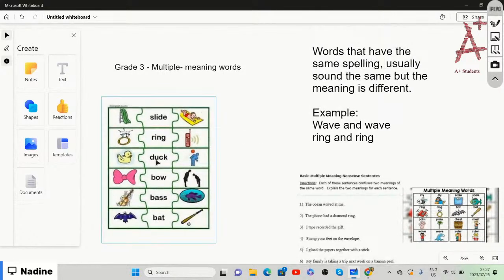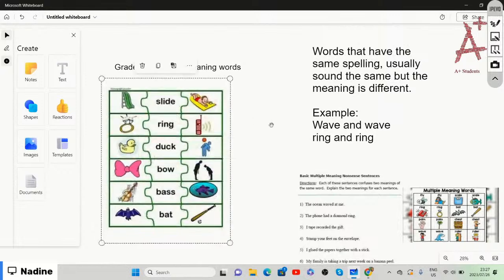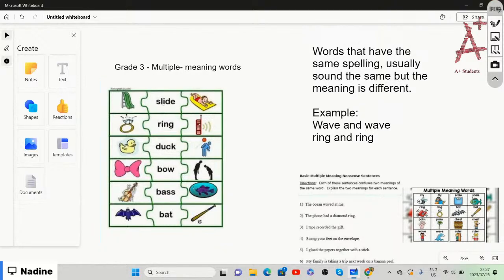Now if we look at the picture over here that shows the words and their different meanings, there we have slide, with two different pictures that show the different meanings of slide. Same with ring, where we have a diamond ring and a telephone ring.